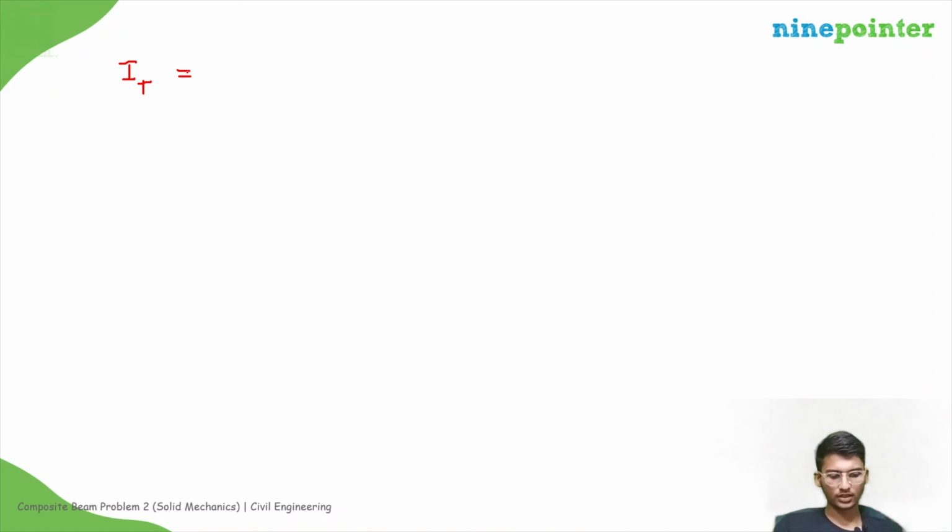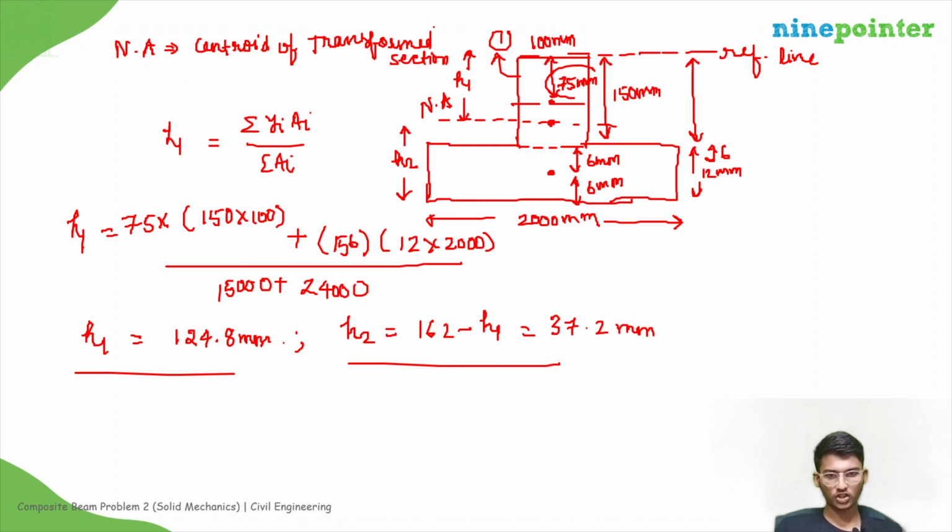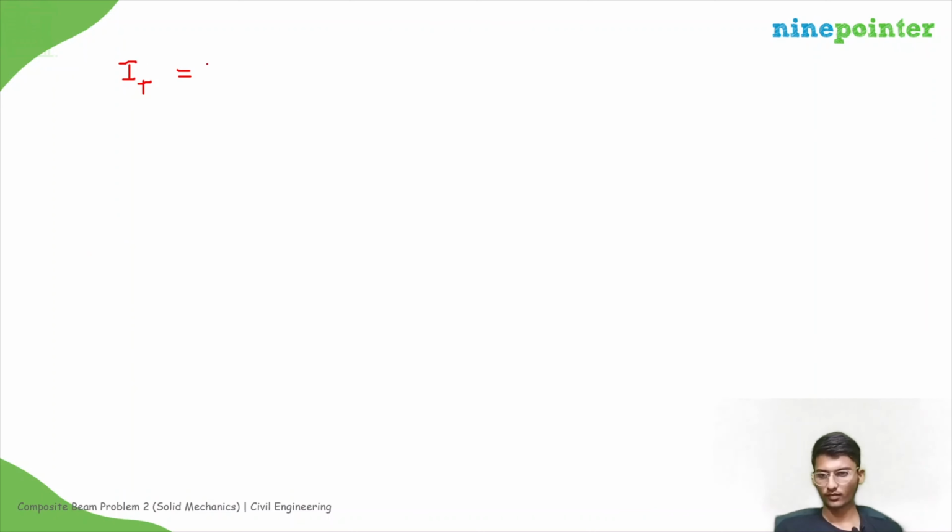IT will be equal to, see, the moment of inertia of this one about the center of mass will be 1 by 12 into breadth 100 into height 150 whole cube.